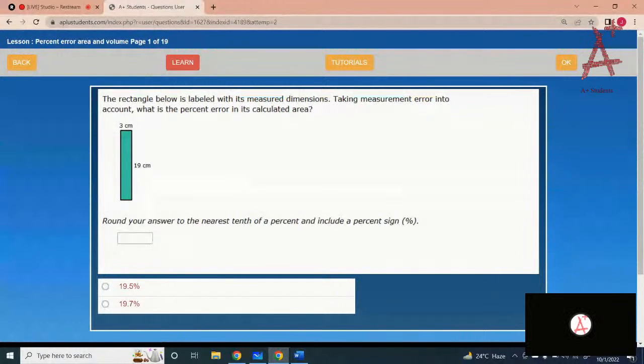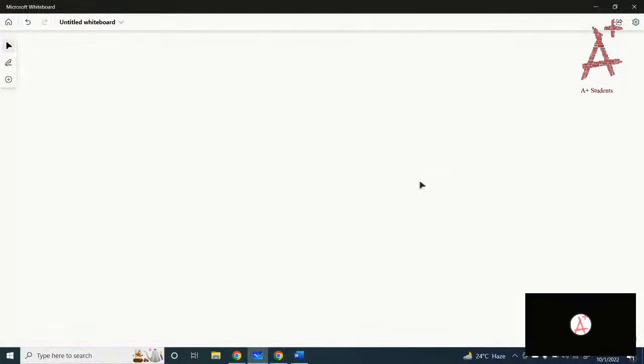What is the percent error in its calculated area? So let me draw the 3 centimeter and 9 centimeter rectangle on the board.